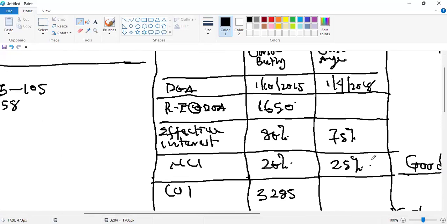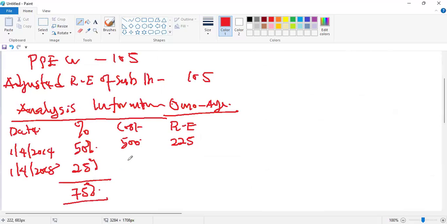Omope Limited paid additional cash consideration of 250 million. Okay, no problem. For the acquisition of 25%, he paid 250. Good.